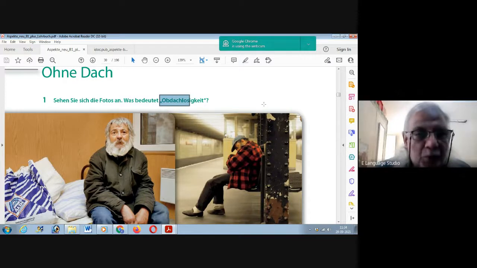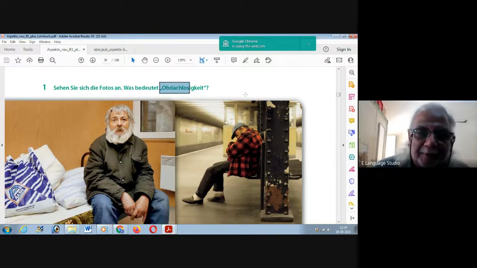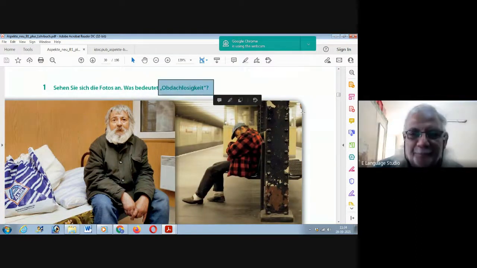Und Obdachlose gibt es auch in Deutschland, in Europa und sogar in der ganzen Welt. So, Obdachlosigkeit. Was bedeutet das hier? Das Nomen Obdachlosigkeit.